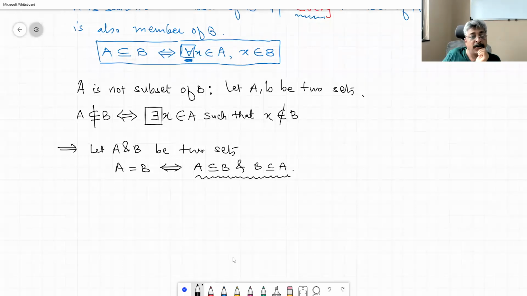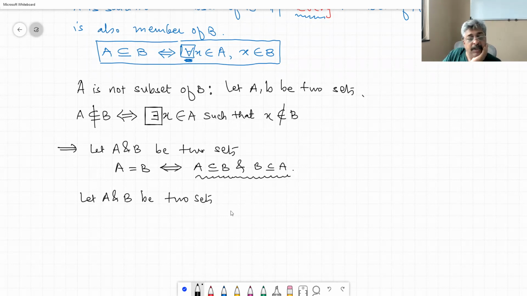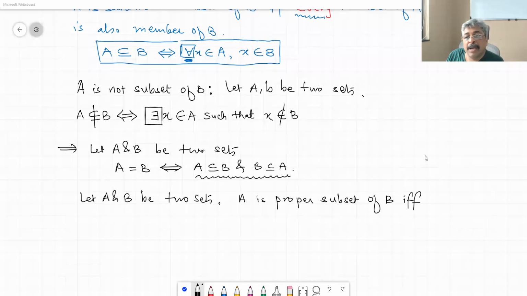Write down the definition for this. Let A and B be two sets. A is a proper subset of B if and only if, write down your definition. What do we mean by proper subset?